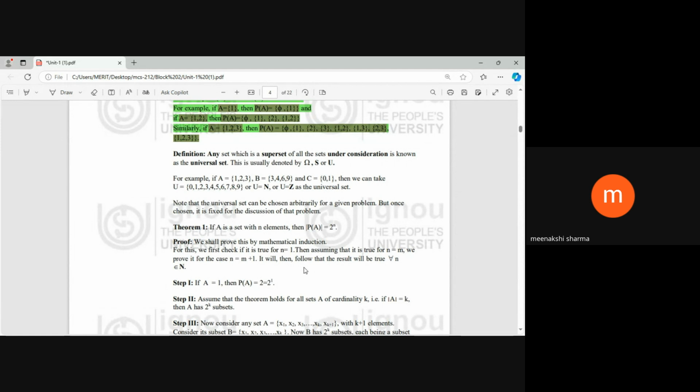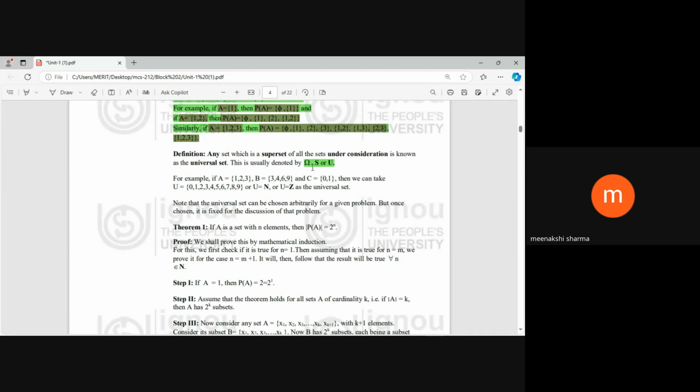Any set which is a superset of all the sets under consideration is known as the universal set. Universal set means all the elements belong to the universal set. The symbol of universal set is U, or big theta S, or union.